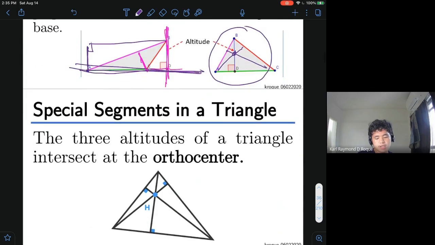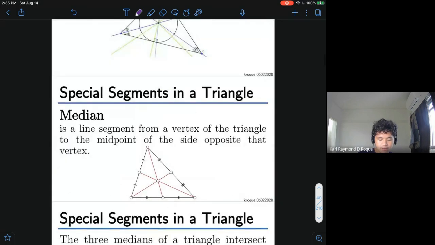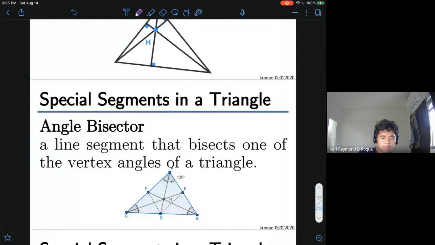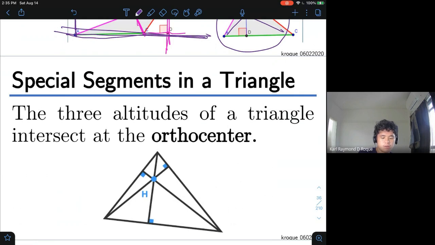Special segments in a triangle are also called cevians. First, the three altitudes of a triangle intersect at the orthocenter.